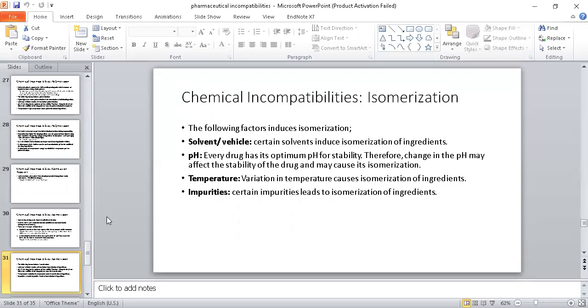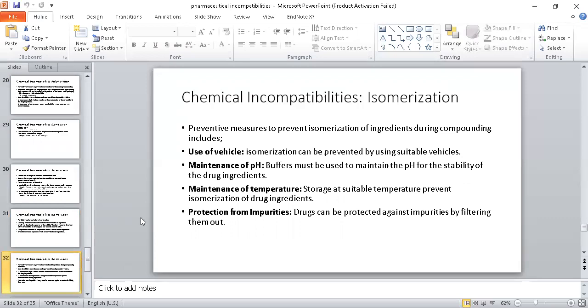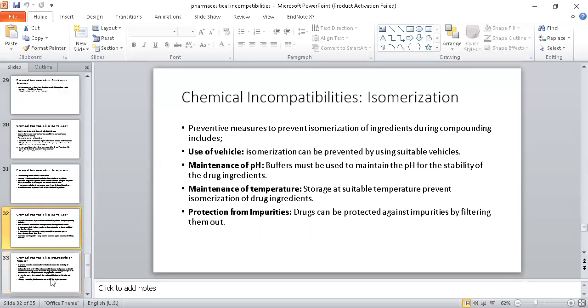The following factors induce isomerization: solvent or vehicle, pH, temperature, and impurities. Preventive measures to prevent isomerization of ingredients during compounding include use of suitable vehicle, maintenance of pH, maintenance of temperature, and protection from impurities.